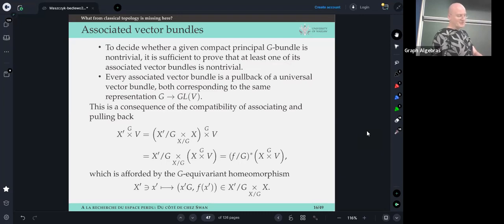This pullback is achieved in two steps. The first step is a base change, replacing this base X mod G by the new base X prime mod G. Okay?